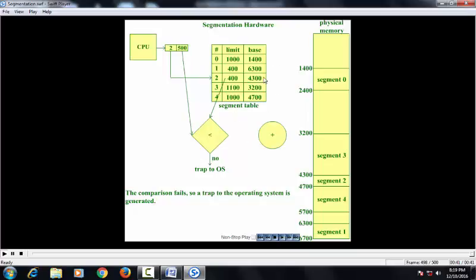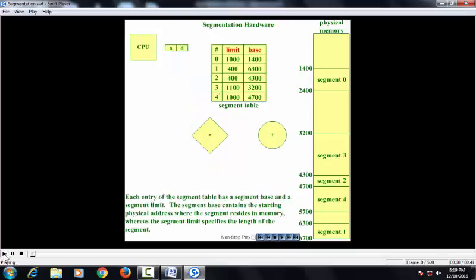It will not be added with the base address of the segment, and the final address will not be generated, right? So this is actually segmentation, and that is the hardware which supports segmentation. I hope you're getting my point. Thank you.